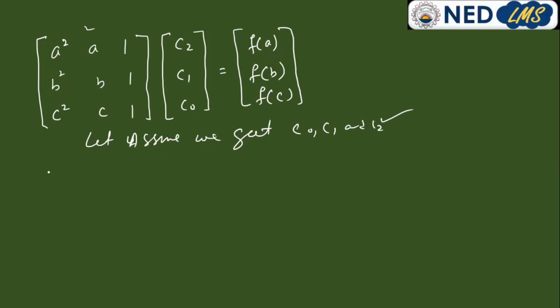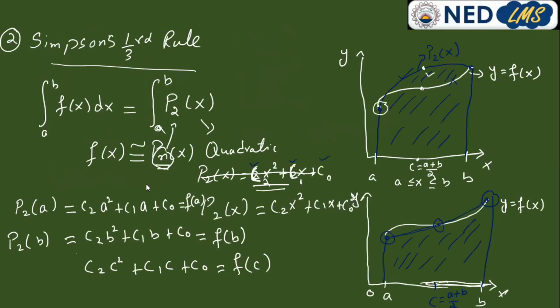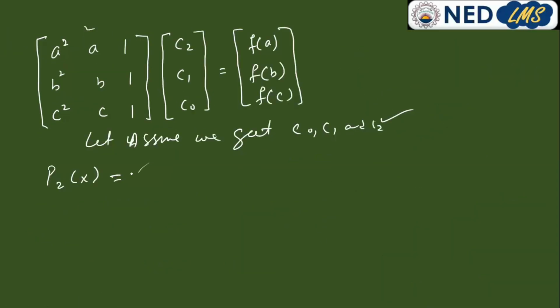When we know that, we can find the polynomial that exactly represents our integrand to a certain degree, which is 2. If C0, C2, C1 are known to me, then I will replace them here in this part. So if I replace it, I will get C2 x square, C1 x, and C0.